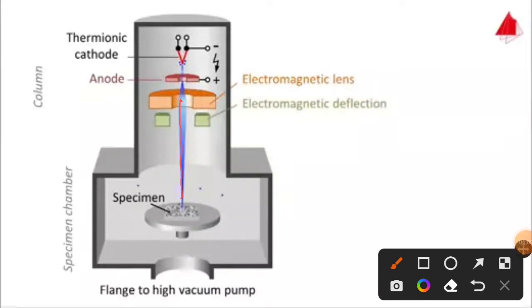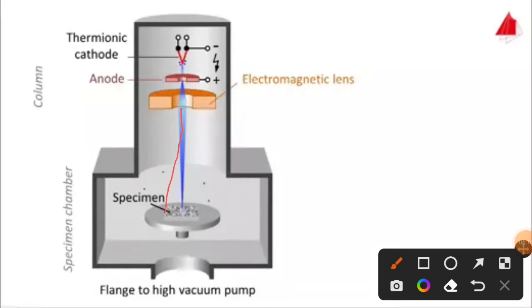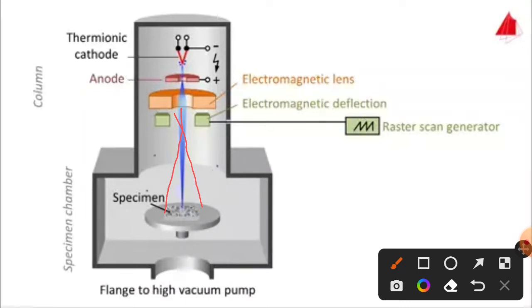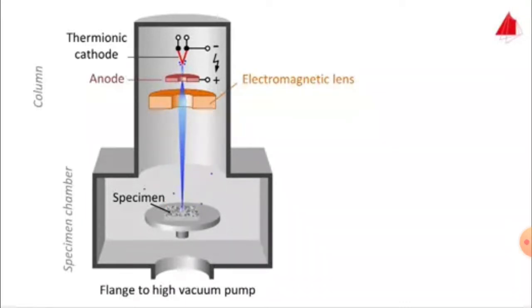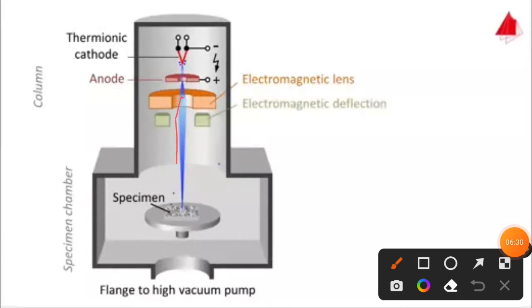We can use the raster scan generator to change its direction, and that's how, by deflecting the electron, we can scan the entire specimen. After that the electron will hit the specimen.